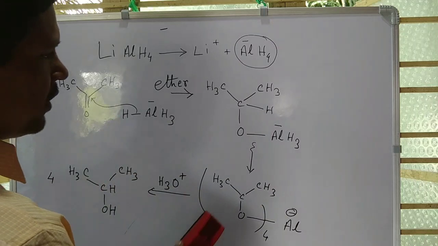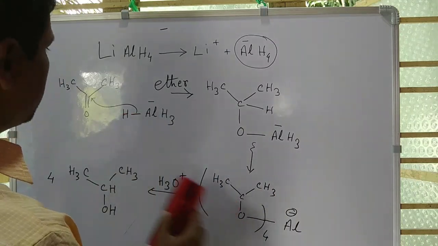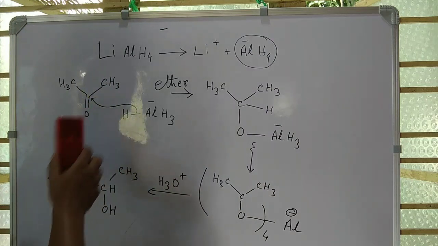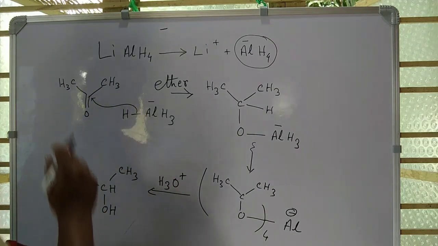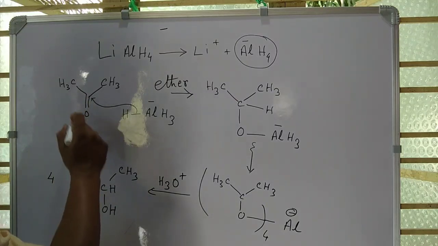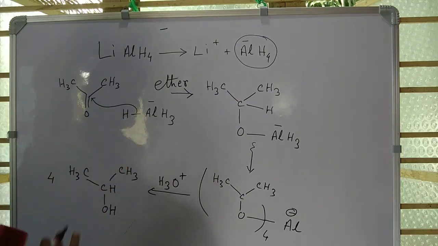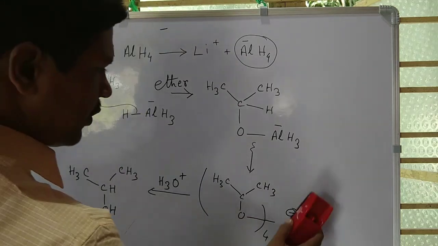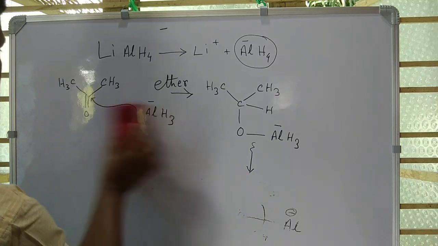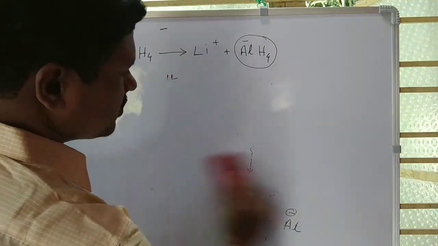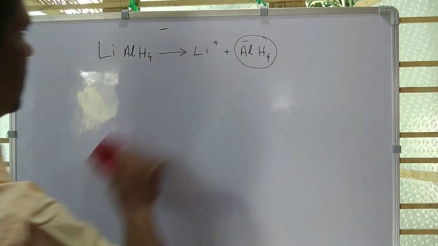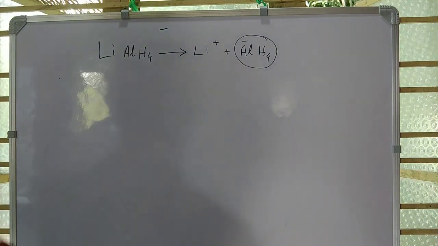Since hydride ion is very reactive, its reactivity can be diminished by changing the carbonyl group to an epoxide. If the carbonyl part is replaced by the epoxide, then the reaction occurs in the way we discussed here. You see, suppose we take an epoxide.